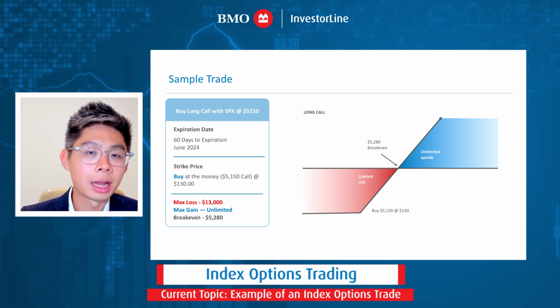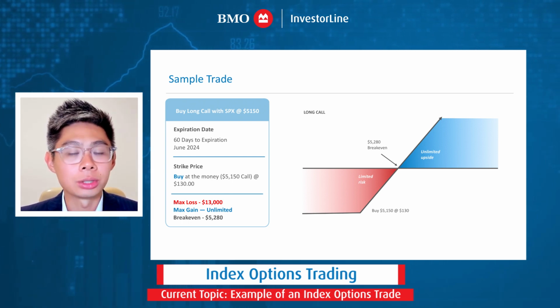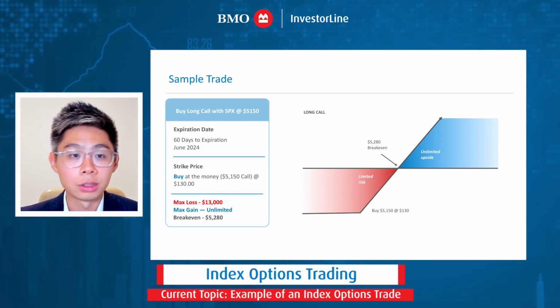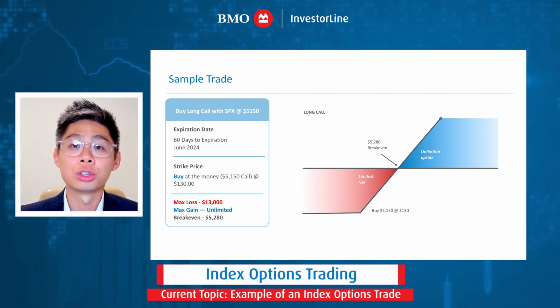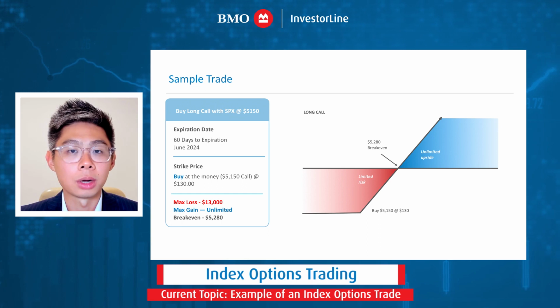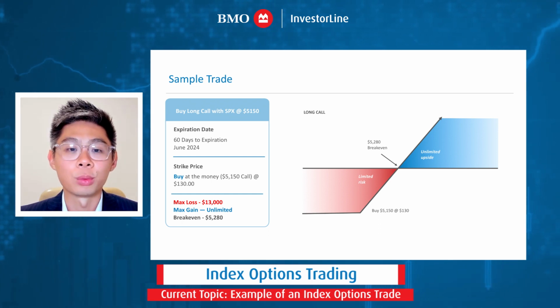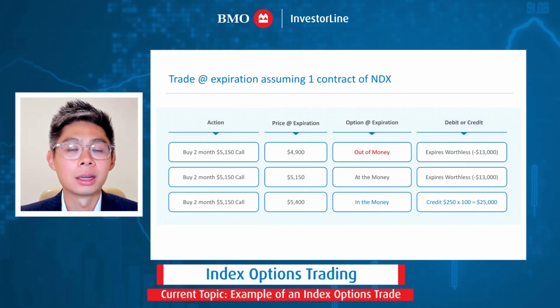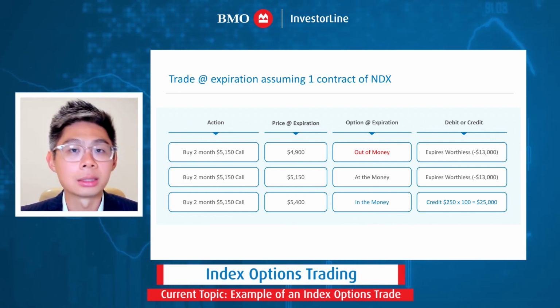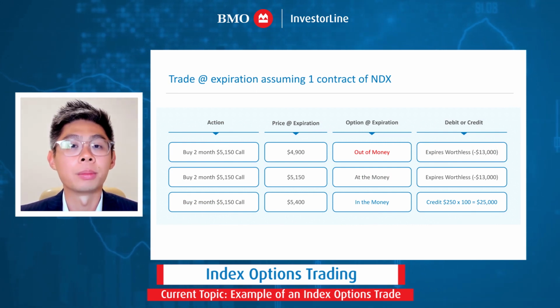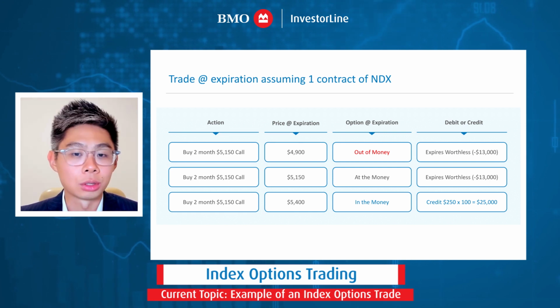So let's take a look at how this trade ages as we approach expiration for different scenarios. In the first example, let's say I buy this 2-month 5150 call option on SPX when it's trading at 5150, and let's say the index 60 days later settles at 4,900, meaning it declines $250 from the price at which I purchased this call option.